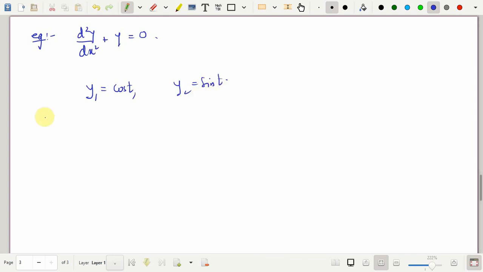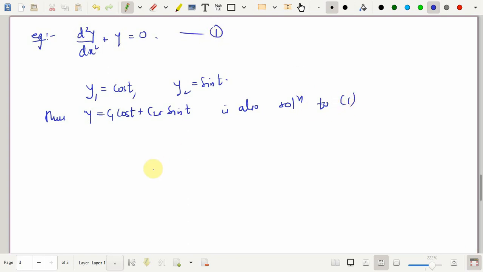So, in fact, y equal to c1 cos t plus c2 sin t is also a solution to this equation 1 for any values of c1 and c2, and this itself says that if we have one solution, then in fact we can find infinitely many solutions to the given differential equation.